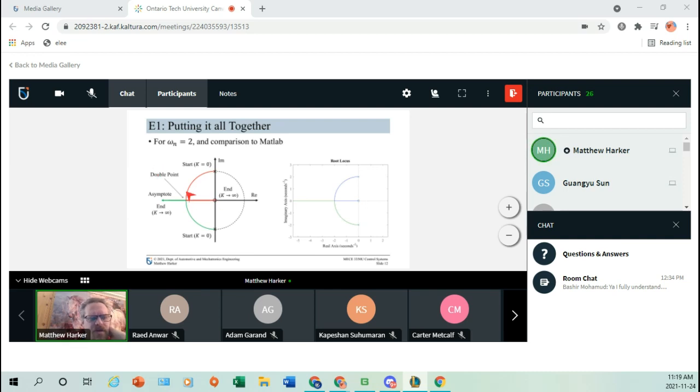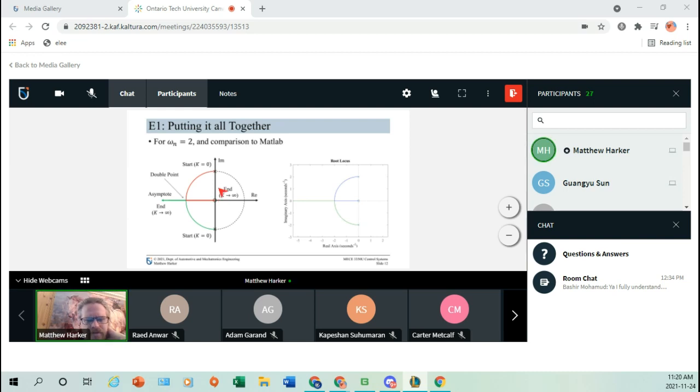We had that double point there where the branches meet and then go off in opposite directions. There's that angle condition there. And then as we set k to infinity, we head off either to the asymptote or to this 0 here, right? So this is another endpoint.